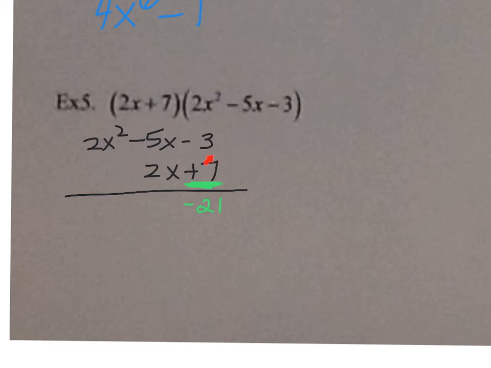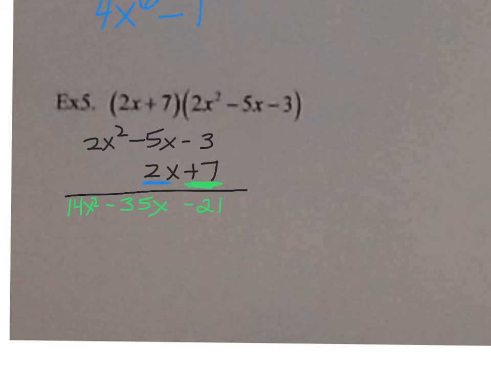Positive 7 times negative 5x is negative 35x. And then we have positive 7 times 2x squared. That's 14x squared. All right, now we're going to work with the 2x.